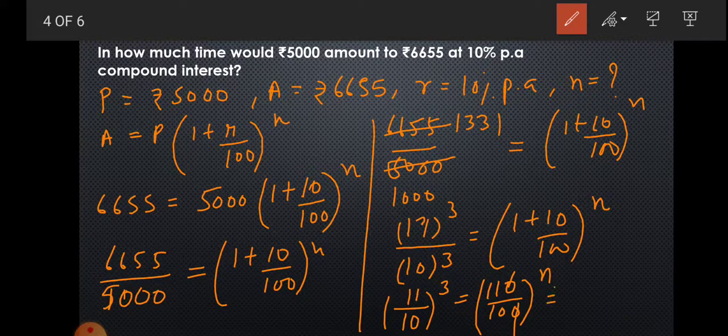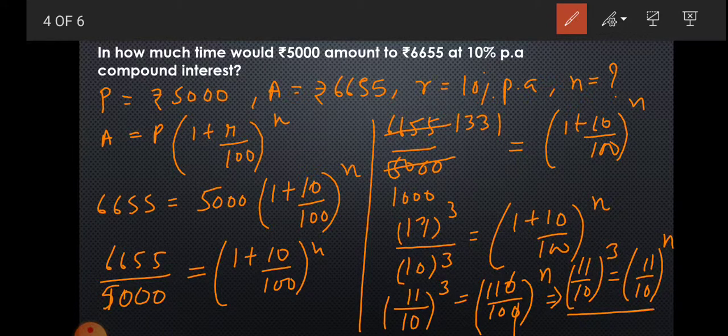On solving this, we get 11 by 10 raised to the power 3 is equal to 11 by 10 raised to the power n. On comparing both sides, we get the value of n is 3 and hence time would be 3 years.